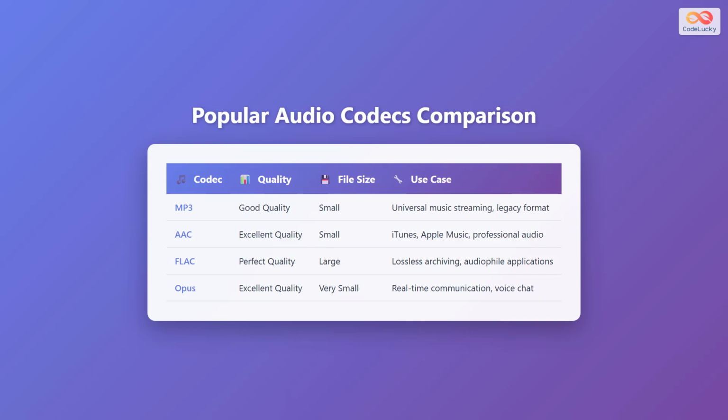It compresses audio without losing any quality, meaning you get perfect sound recreation. Audiophiles prefer this, though files are larger. Opus is a modern codec designed for real-time communication. It provides excellent quality at very small file sizes, perfect for voice calls and live streaming where low bandwidth is essential.